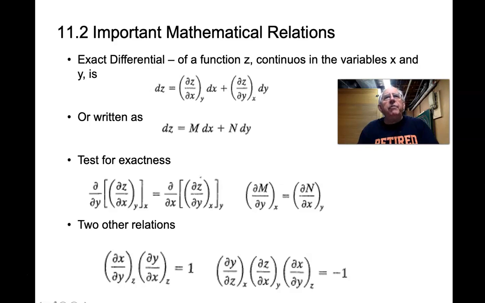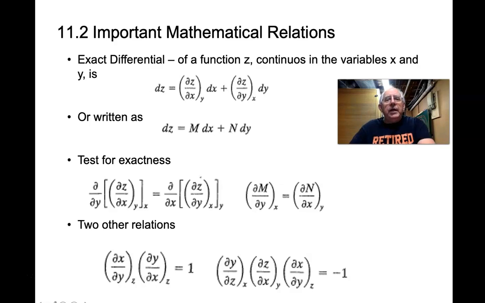And we have seen that throughout our discussion. And so if we can assume that a thermodynamic property can be written as a function of two independent thermodynamic properties, we could then say that the property itself can be written as an exact differential.